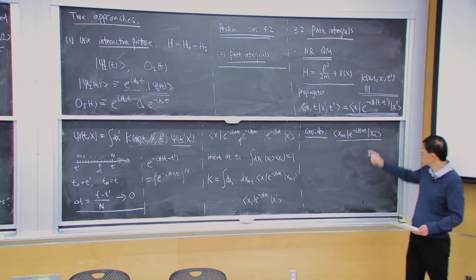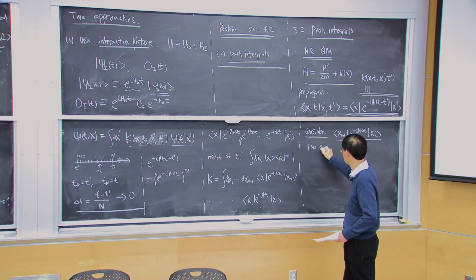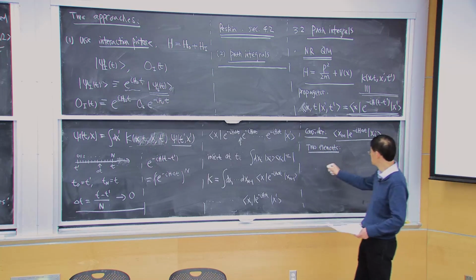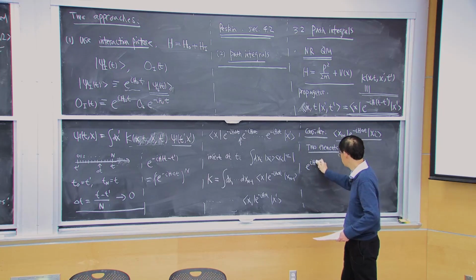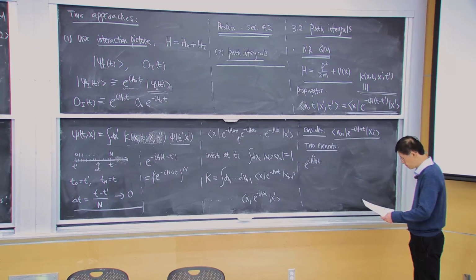To do this, there are two elements. The first element is to recognize that h here is the operator. Let me put a hat here just to emphasize it is an operator.